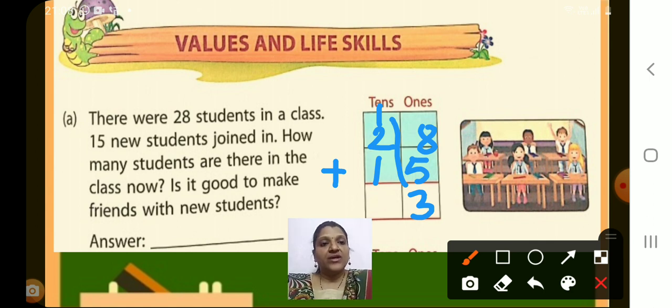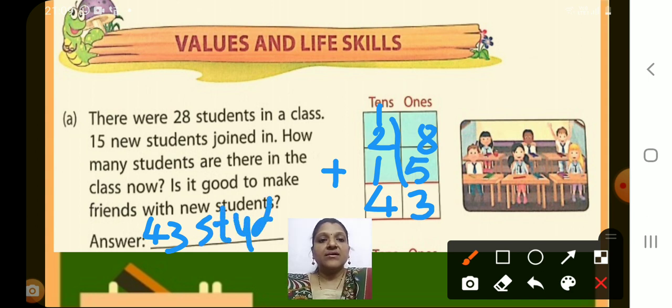Now we will do the addition of numbers in tens place. So 1 plus 2 plus 1. What is the answer children? Correct, 4. So 28 plus 15 equals 43. How many students are there? 43 students. So write the answer over here.